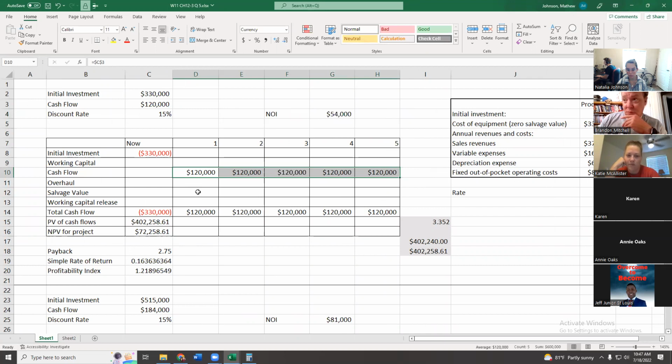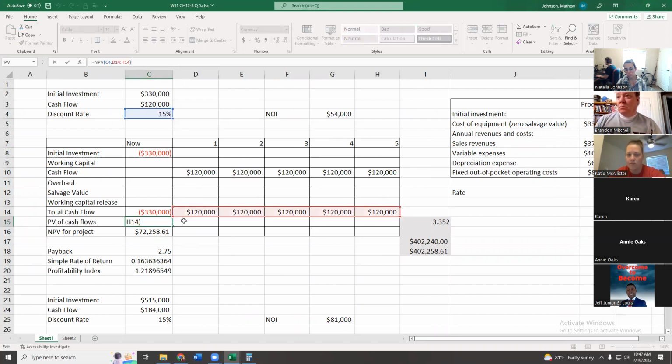So you can use this table and that will be the cash flow, and then you do the initial investment here. And then just find present value how you normally do it, but don't do it from the income statement. The income statement just helps you give a net operating income and depreciation. That's it.